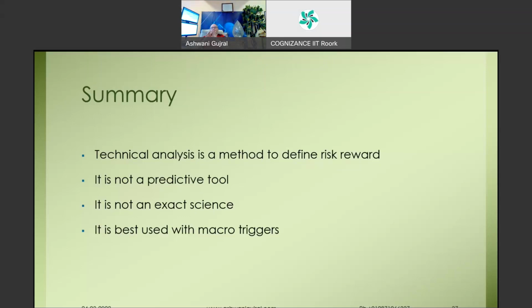It's best used once you have macro triggers. What's a macro trigger? A macro trigger could be a war, inflation, an increase in interest rates, anything that changes the flow of money. So once you have these sort of extra ingredients in your favor, technical analysis tends to work much better.